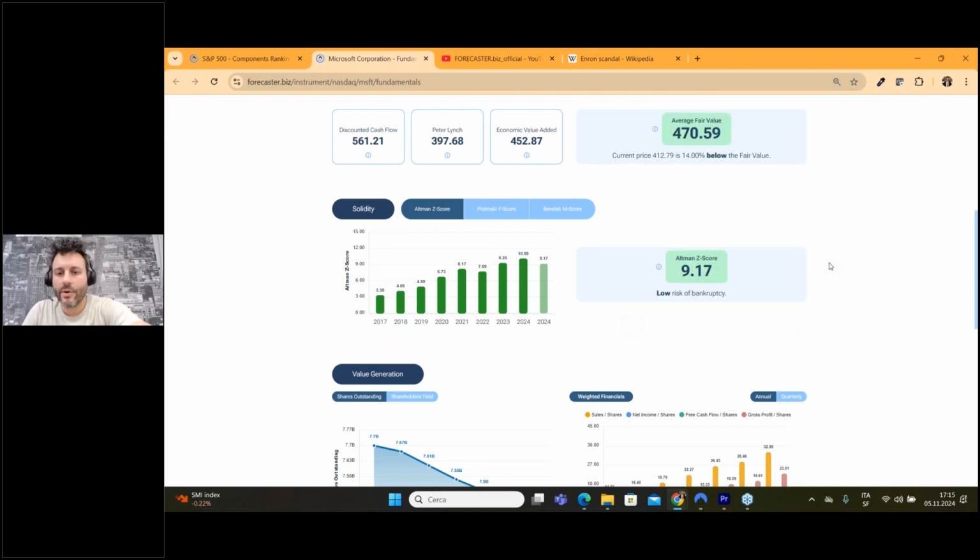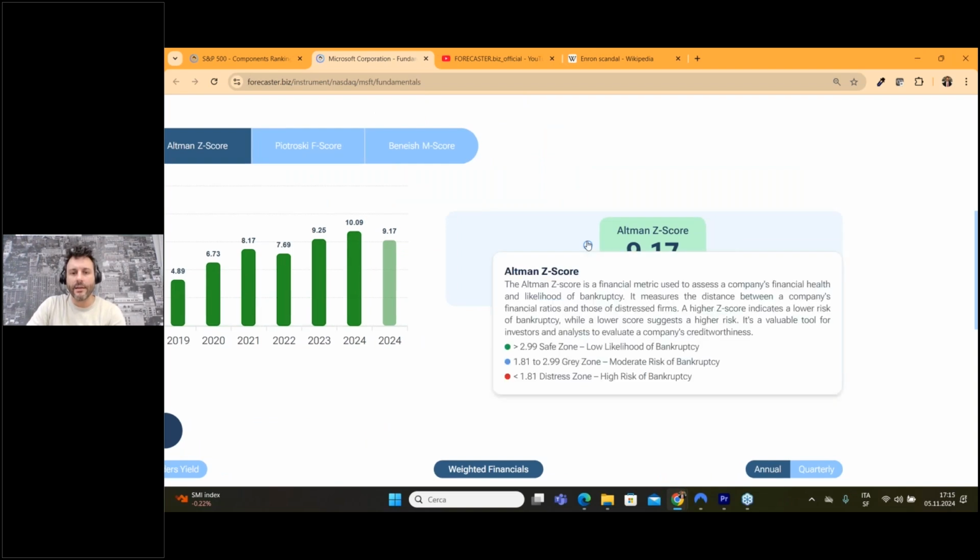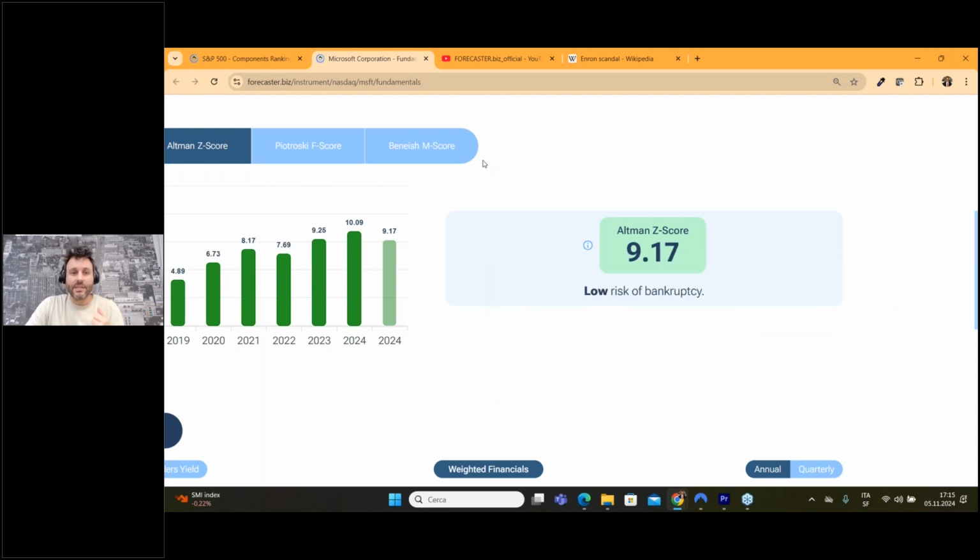In this case, talking about Microsoft, we have a company with an Altman Z score of 9, which is far above 2.99, and it means Microsoft is in a safe zone, so this company is not going to go bankrupt. Okay, very interesting.